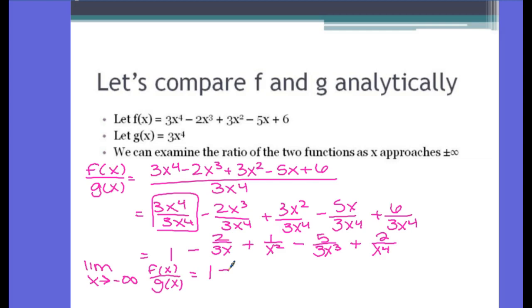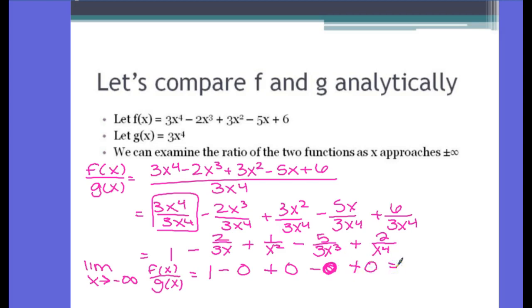So 2 divided by 1,000,000 would be... anything kind of normal divided by something big becomes what? Small. So that kind of becomes a 0. 1 over infinity squared, 0. 5 over infinity cubed, 0. 2 over infinity to the 4th, super 0.